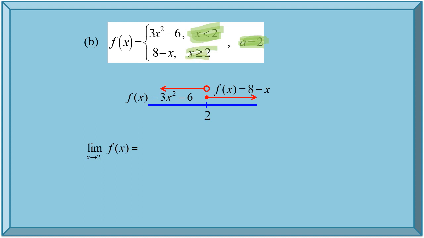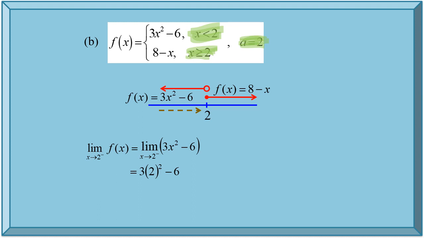Just like in the function, we can know which piece uses a certain function. For the left side of 2, we use the function 3x squared minus 6, where x is less than 2, and then we just substitute 2 into the function. We have 3 times 2 squared minus 6.